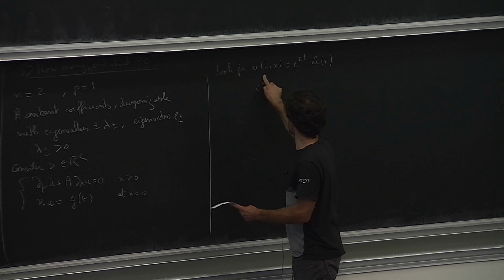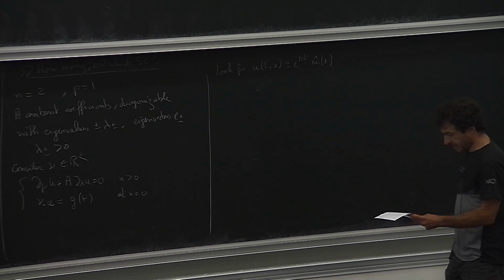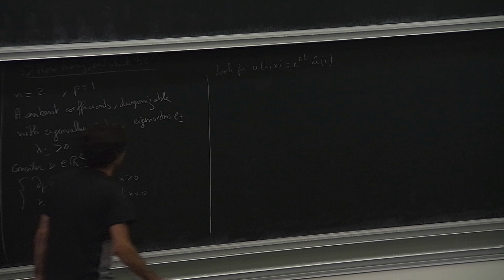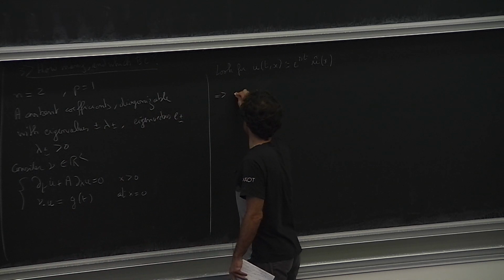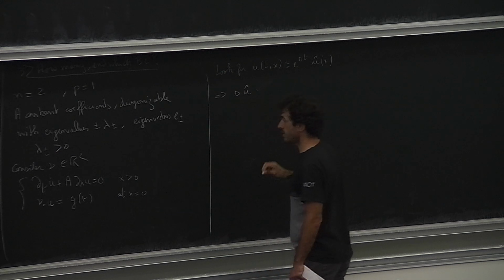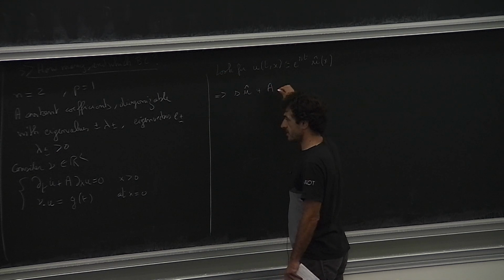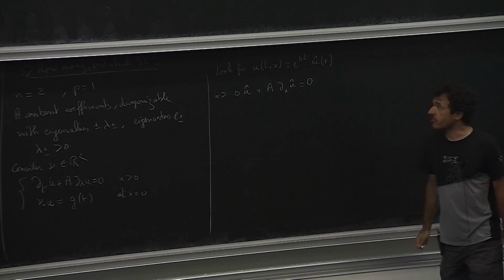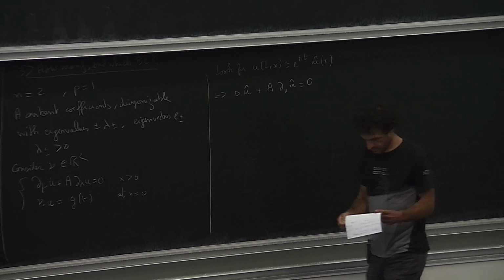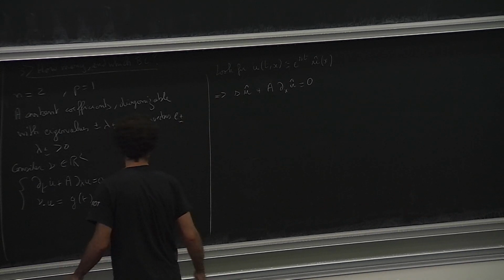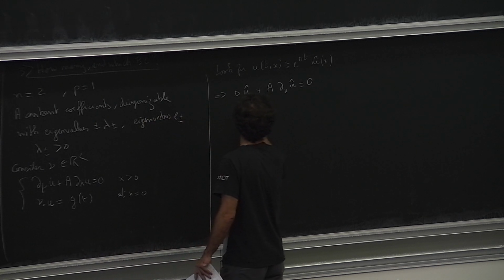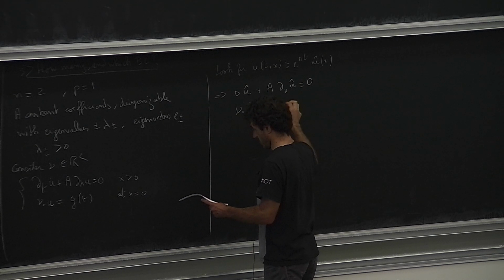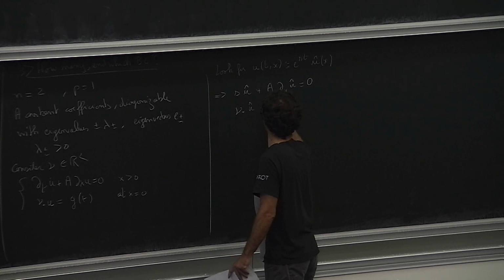If I plug this kind of solution here, I obtain that I have s u hat plus a dx of u hat is equal to 0, and I have that nu dot u hat is equal to g hat.